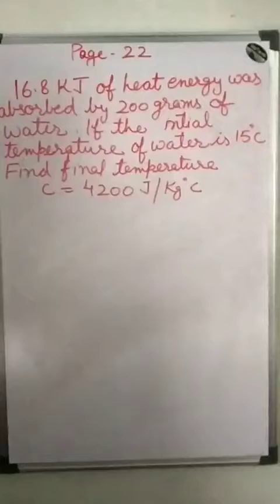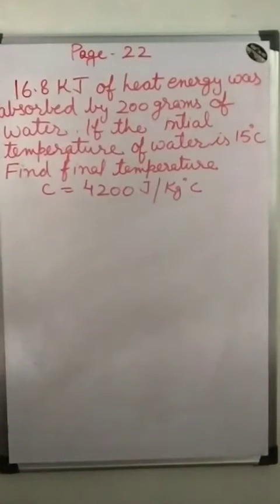Okay. Here the next question is: 16.8 kilojoule of heat energy was absorbed by 200 grams of water. If the initial temperature of water is 15 degrees Celsius, find the final temperature. The value of specific heat capacity is given to you, that is 4200 joule per kilogram degree Celsius. So now let's start.